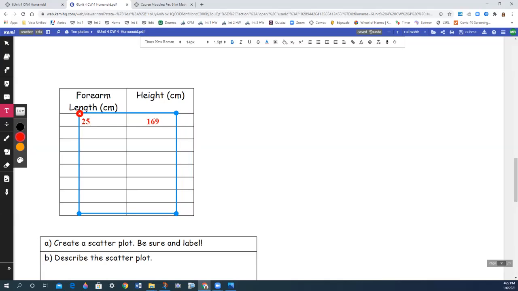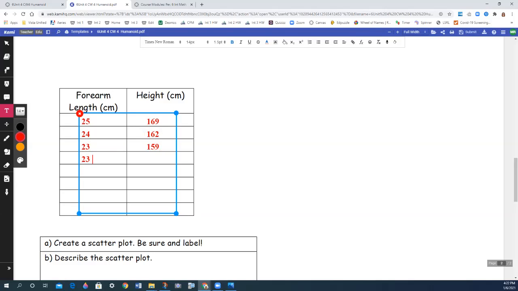And again, I'm just doing this in one text box, and I'm going to just type over the table. So 24 and 162. You want to space it better? You can space it better. Okay. And then 23 and 159.